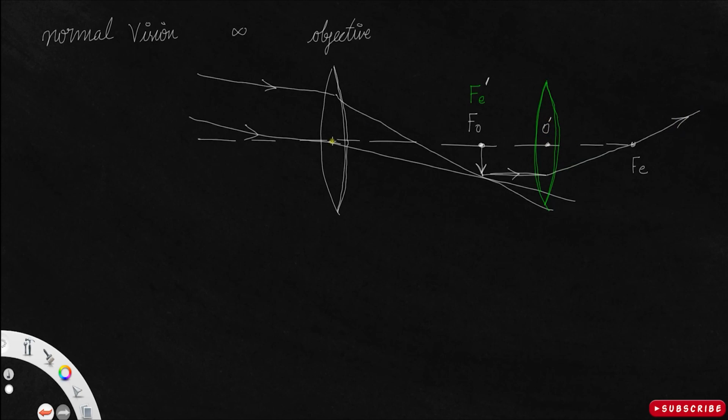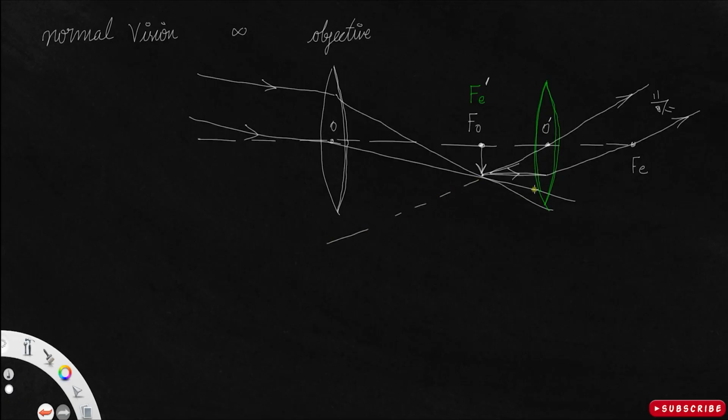This is O dash. This is the optic center of the objective. This one is the optic center of the eyepiece. All the things we discussed before. So a ray passes through the optic center, passes undeviated. Clearly these two rays are parallel. So here is our eye. So they won't meet here.